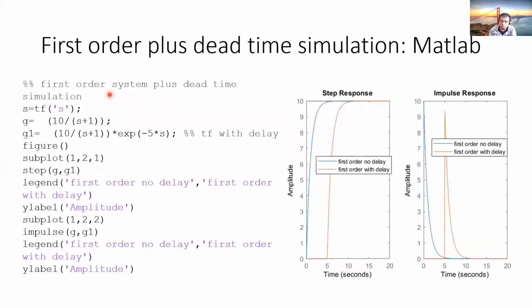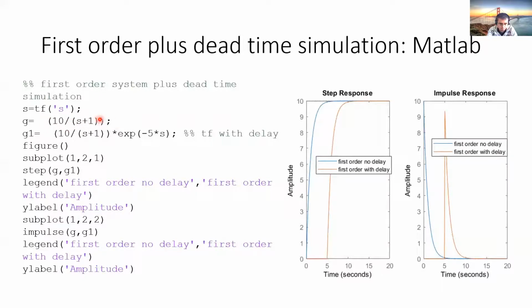Here you can find the code to perform the simulation. As you can see here, it's pretty similar to the code that we made last time. Again, we define the transfer function using the complex operator s and the tf command, transfer function. Here we have G and G1. I mean, here I define two different transfer functions.